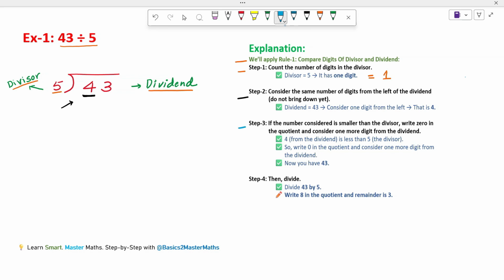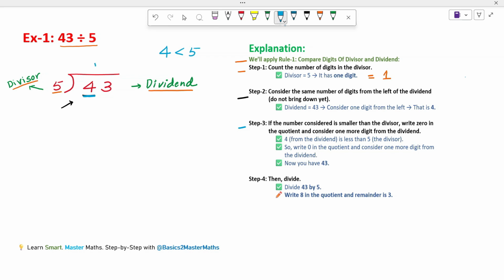Step 3. If the number considered is smaller than the divisor, write 0 in the quotient and consider one more digit from the dividend. Here the number considered is 4, which is smaller than the divisor 5.